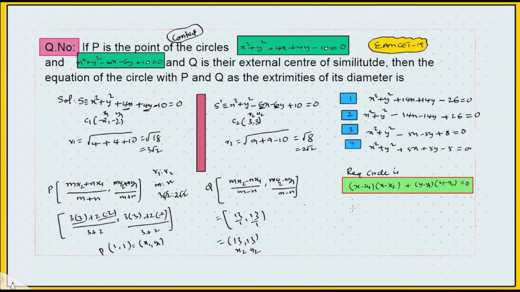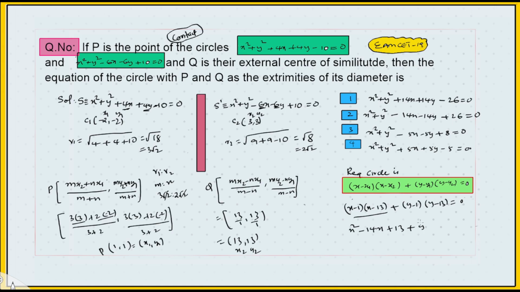Now the equation of the circle having PQ as extremities of diameter is (x minus x1)(x minus x2) plus (y minus y1)(y minus y2) equals 0, that is (x minus 1)(x minus 13) plus (y minus 1)(y minus 13) equals 0. Multiplying x into x, x square minus 1x minus 13x is minus 14x, and 1 13s are plus 13.